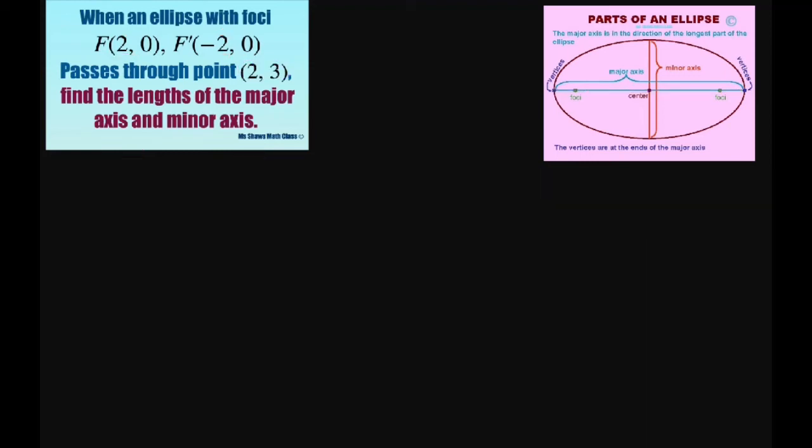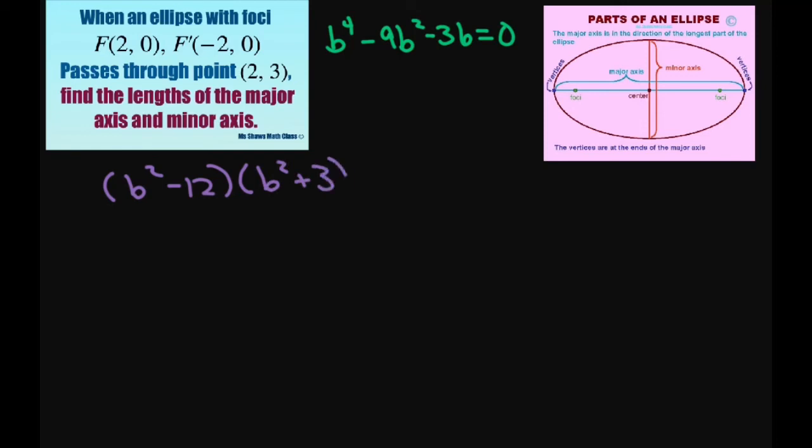Okay, so we have b to the power of 4 minus 9b squared minus 36 equals 0. Factoring this gives us (b squared minus 12) times (b squared plus 3) equals 0. Therefore, we have b squared equals 12, or b squared equals negative 3.